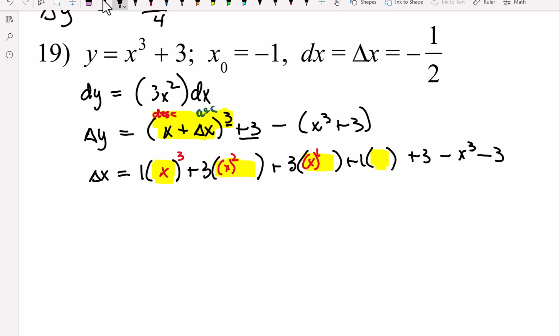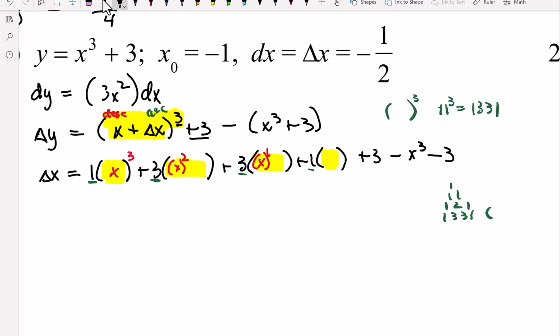And by the way, this cubed, if you type in 11 cubed, you're going to see this number. That's where we get the 1331. And if you remember Pascal's triangle, this is binomial expansion. So this is a binomial cubed, binomial squared, binomial to the first, a binomial to the 0 power, which is 1.